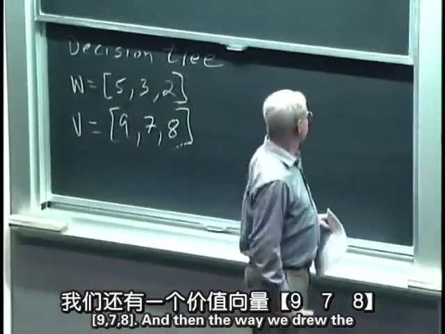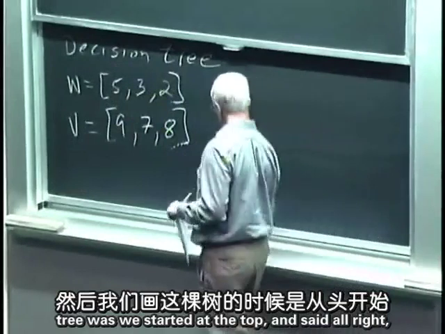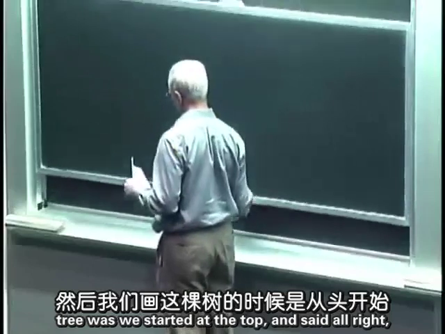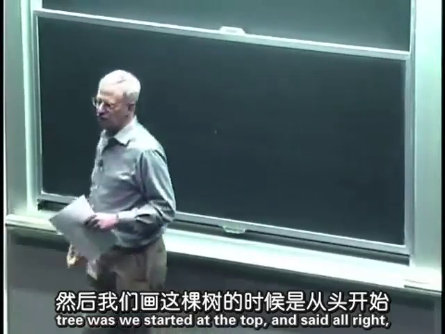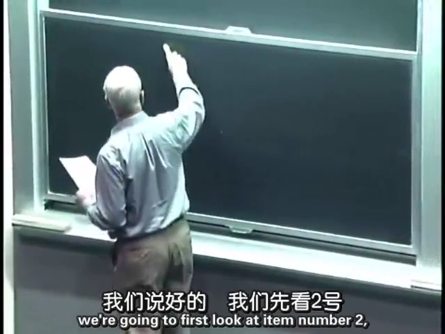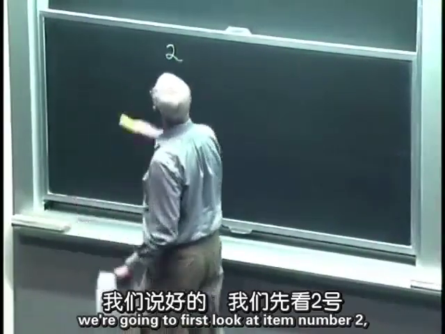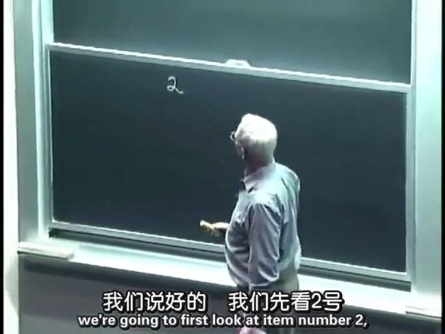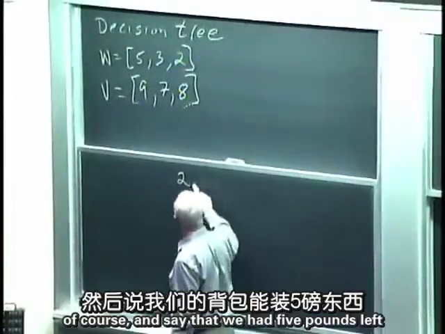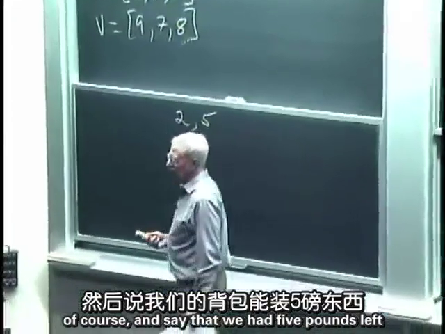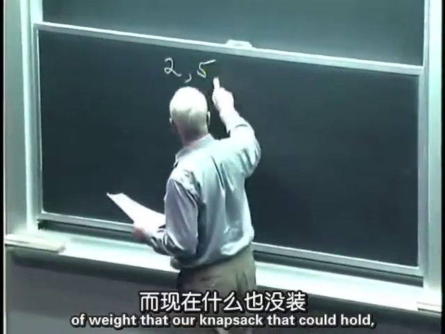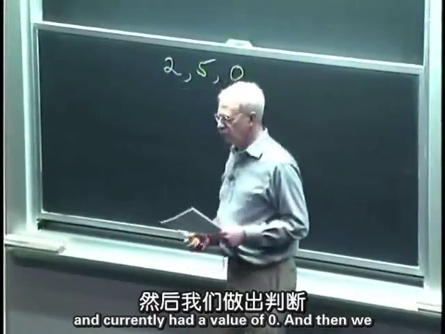And then the way we drew the tree was we started at the top and said, all right, we're going to first look at item number 2, which was the third item in our list of items, of course, and say that we had 5 pounds left of weight that our knapsack could hold and currently had a value of 0.